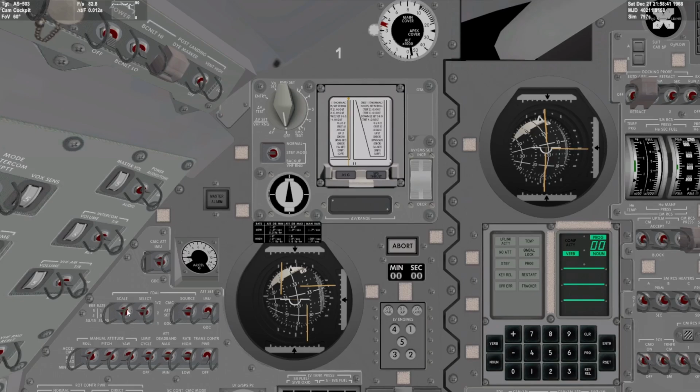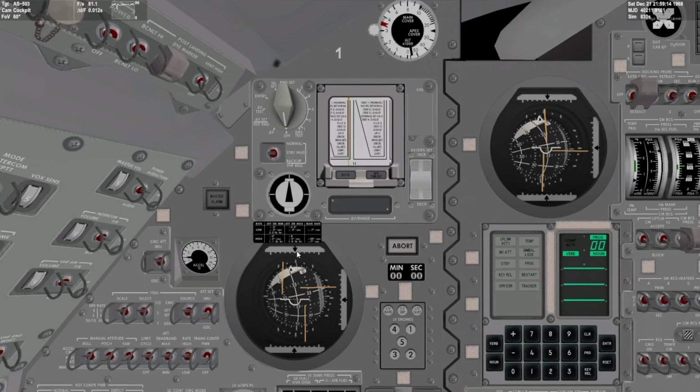And currently my FDAI scale here is set to the upper position, so a rate of 1 degree. So all I need to do is reach anywhere between center and one of these closest notches here, and that will be anywhere between 1/10 of a degree per second and 2/10 of a degree per second, because there are 1, 2, 3, 4, 5 gradations, and full scale on either side is 1 degree per second.